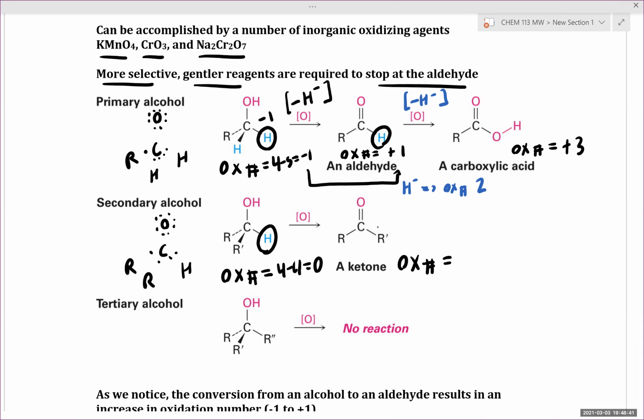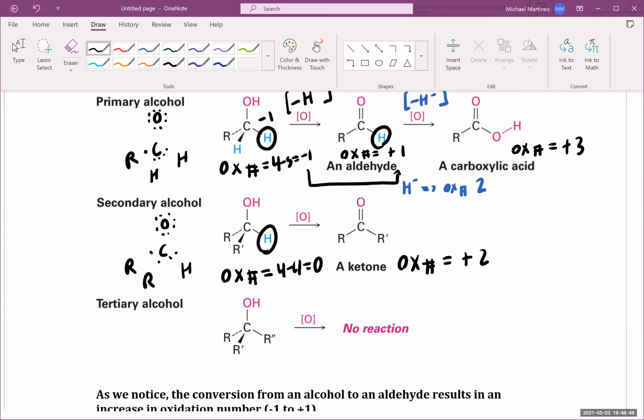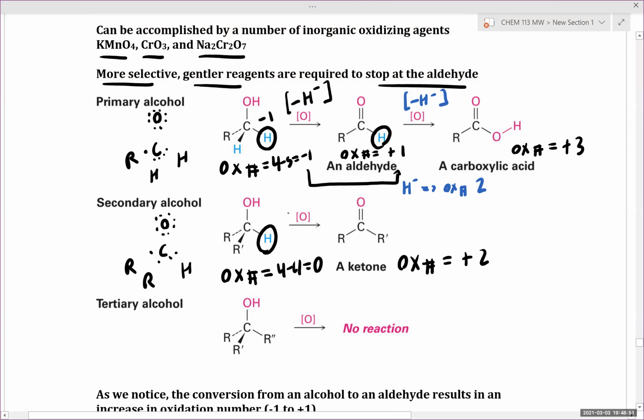Yep, +2, exactly right. You can infer that partially because when we oxidize this secondary alcohol to a ketone, we have lost an equivalent of hydride, and we'd expect our oxidation number in turn to increase by 2.